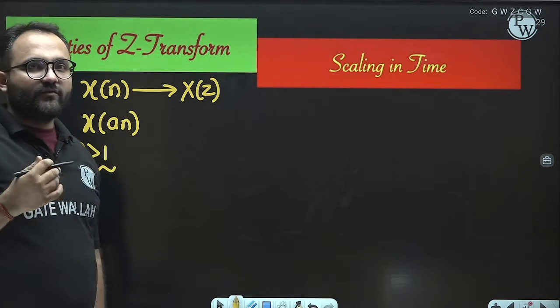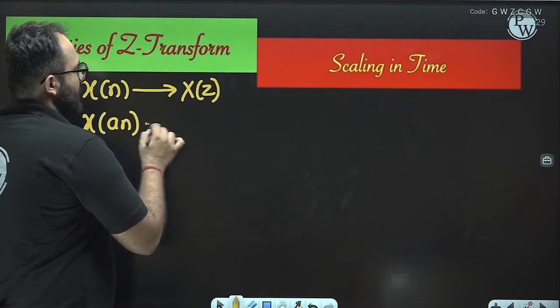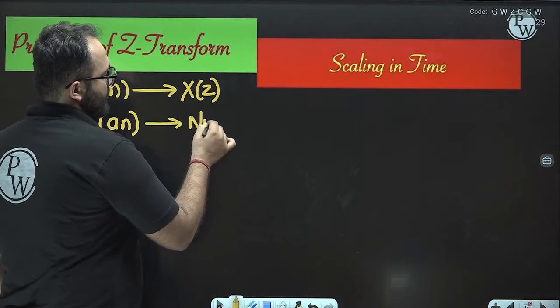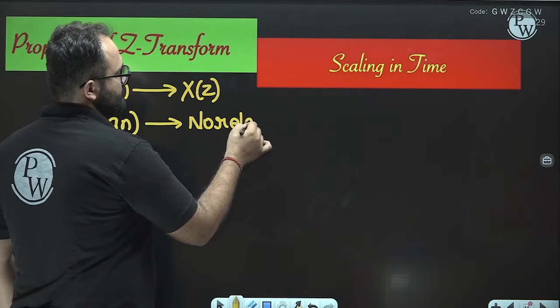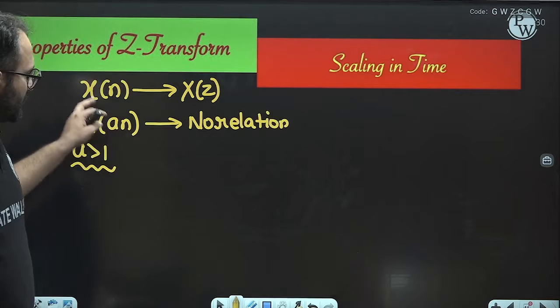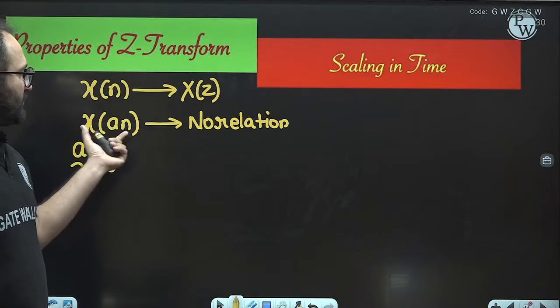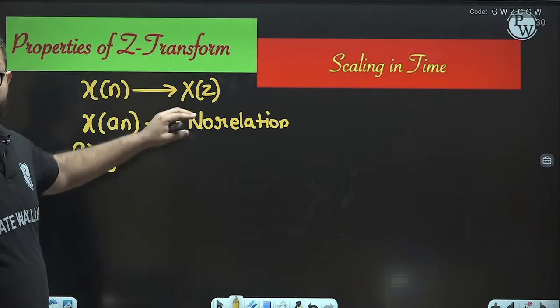For example, x[2n] will have loss of information, and thus the z transform will have no relationship. Because obviously there is a loss of samples, and if there is loss of samples, the z transform of x[an] will have no relationship with this X(z).